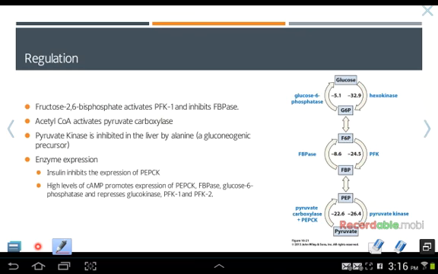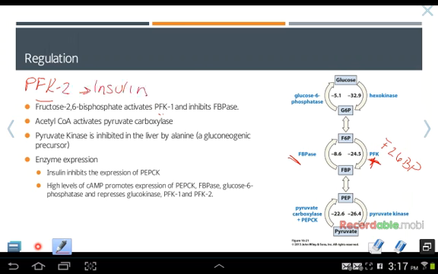So how do we regulate gluconeogenesis? This also helps us regulate glucose. Remember, fructose 2,6-bisphosphate will activate PFK1, but will inhibit at the same time FBPase, which makes sense because fructose 2,6-bisphosphate is released from PFK2, which is activated by insulin.